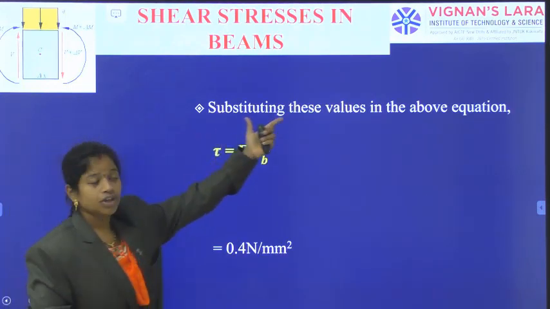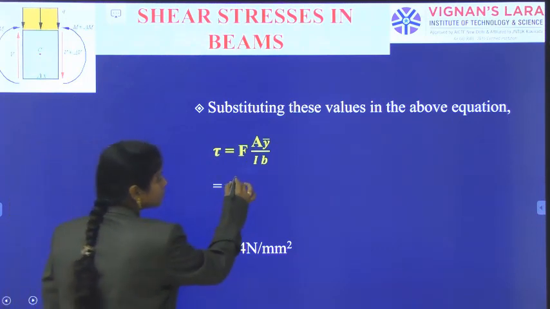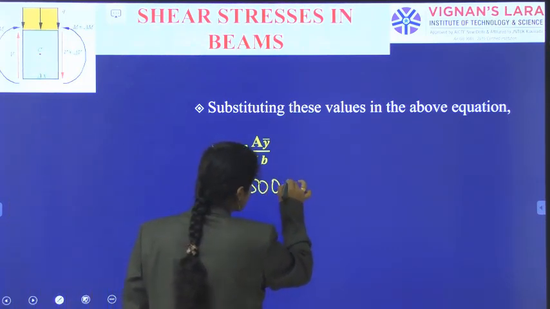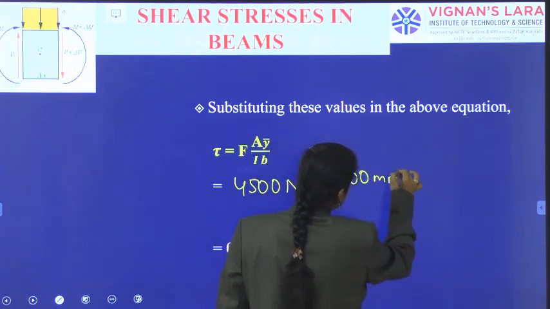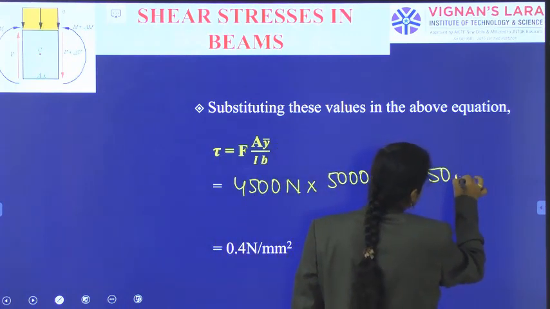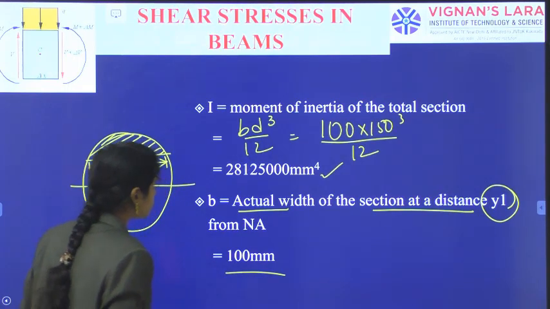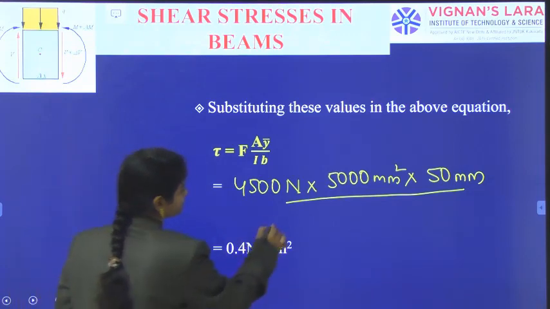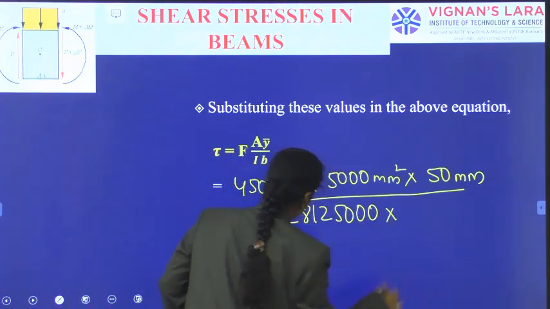And then substituting all these values in the shear stress equation, capital F is equal to 4500 newtons, area we have got as 5000 mm square, Y bar we have got as 50 mm, and I is equal to 2812500 mm to the power 4.